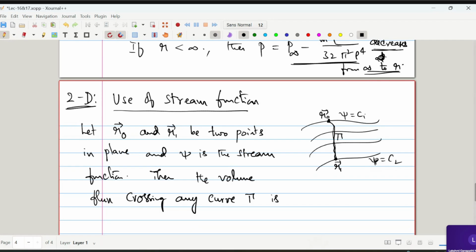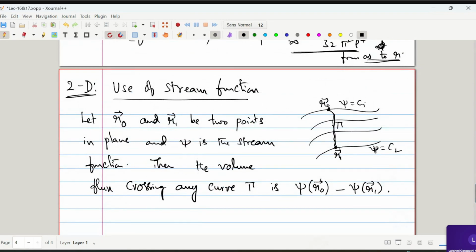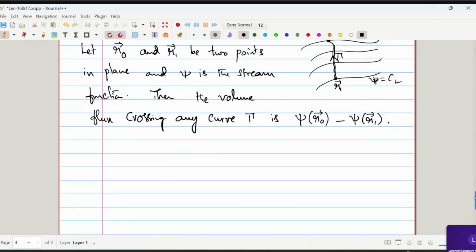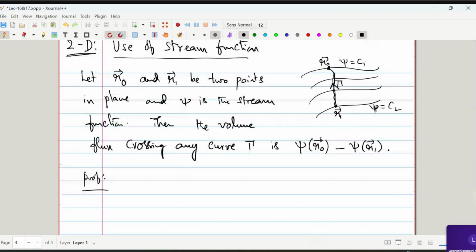The flux is given by psi at R0 minus psi at R1. That is the volume flux. You are going from R1 to R0. Let us say this is the direction if you integrate, for example; the gamma is in that way. So what is the volume flux? How do you prove this? That's the advantage, right?